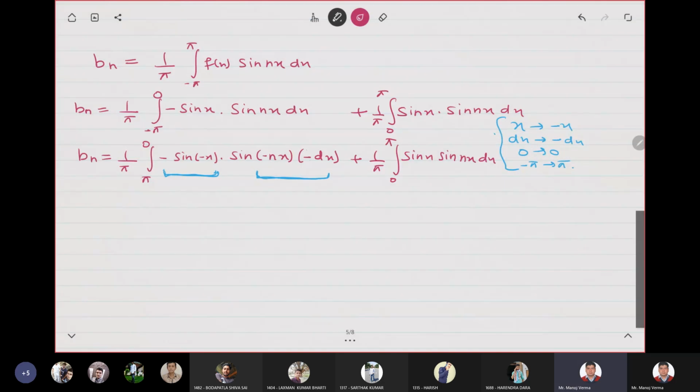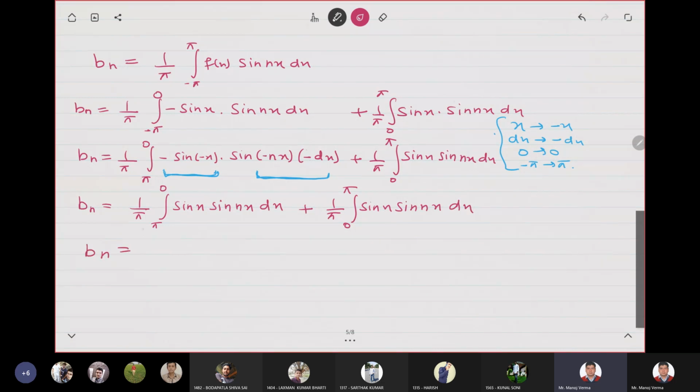So the first integral will become bn equals 1 over pi from pi to 0 of sine x sine nx dx plus 1 over pi 0 to pi sine x sine nx dx. So from here you can see, if I interchange the limits of this integral, then I have to take a negative sign outside.